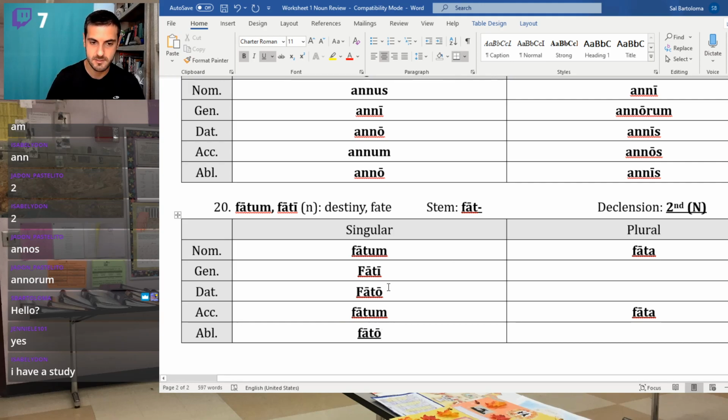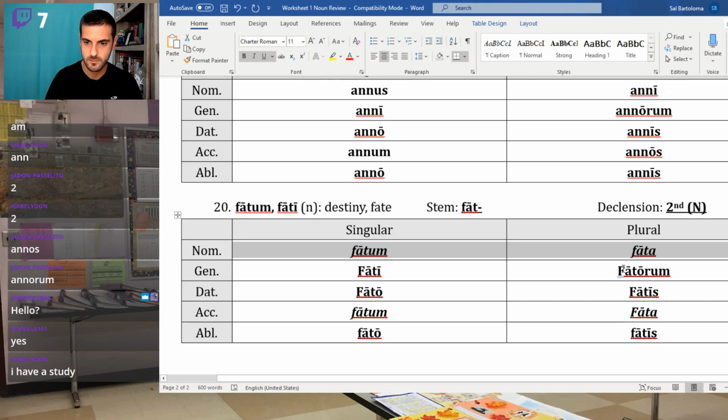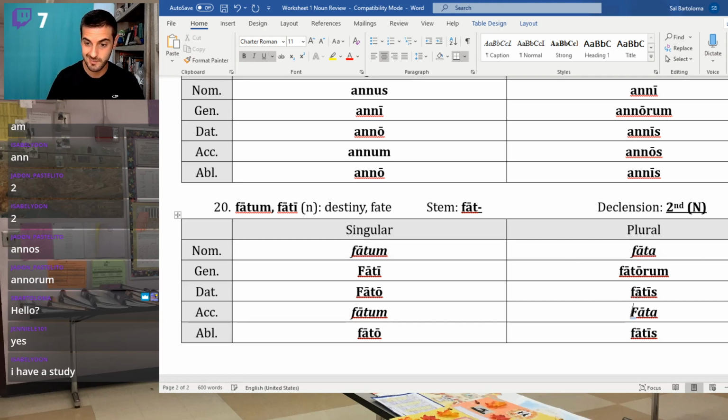So fatum, fati, fato, fatum, fato, fata, fatorum, fatis, fata, and fatis. So the ones you have to worry about when a noun is neuter would be your nominative and your accusative. Okay? And more on that when we actually talk about the declensions themselves in class.